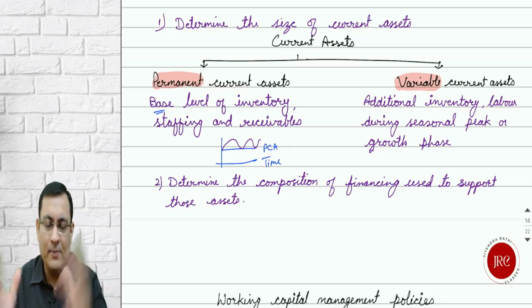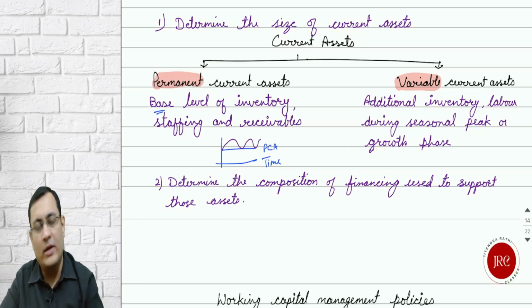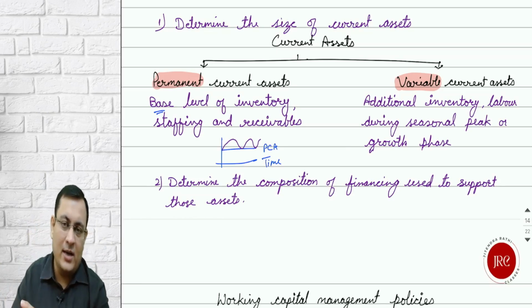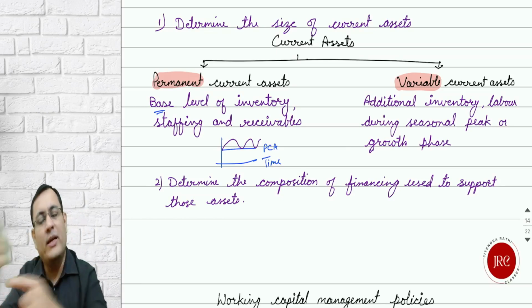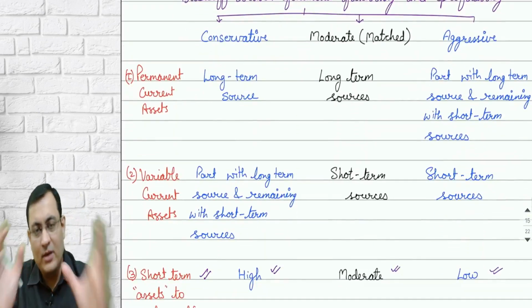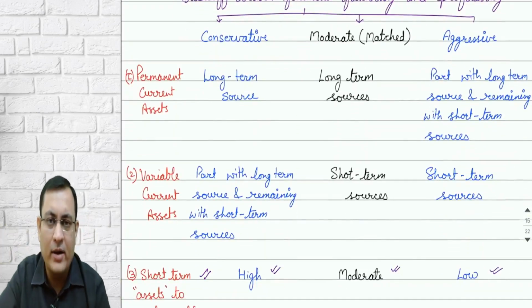Let's say it's a shirt retail outlet and we are maintaining an inventory of 500 shirts. If 10 shirts are sold to customers, 10 new shirts will be placed on the racks. Anyway, we will always maintain that 500 level of inventory.